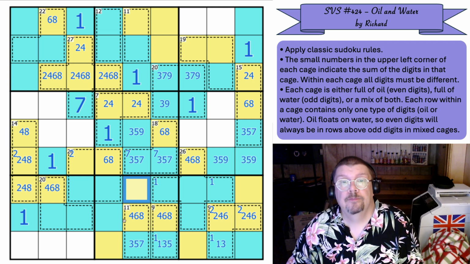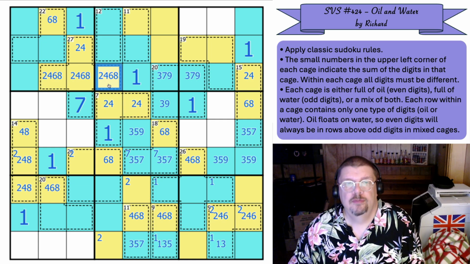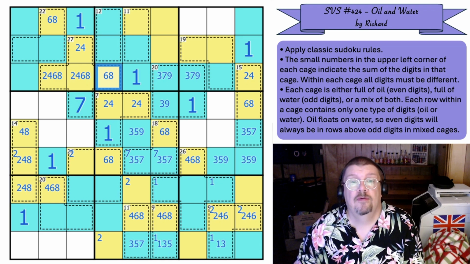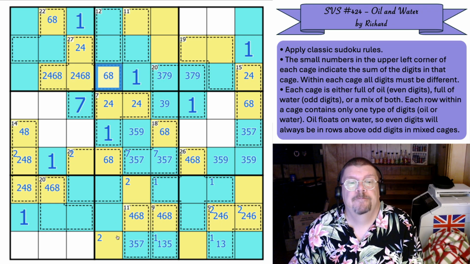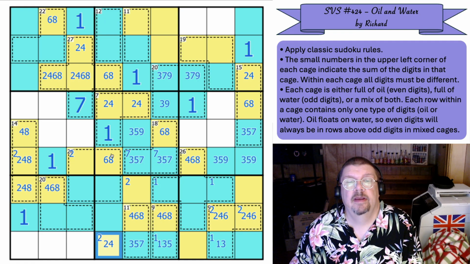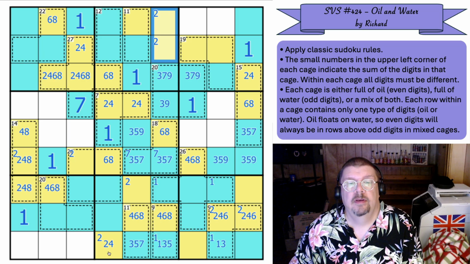Okay. 2 is in one of those two, which gives me a virtual X-wing on 2s, so that is not a 2. In fact, this digit is the same as this digit, so that is not a 4 either. So that makes this 2 or 4, because I now have a 6-8 pair. We know that 2 is in one of those two, because of our virtual X-wing.